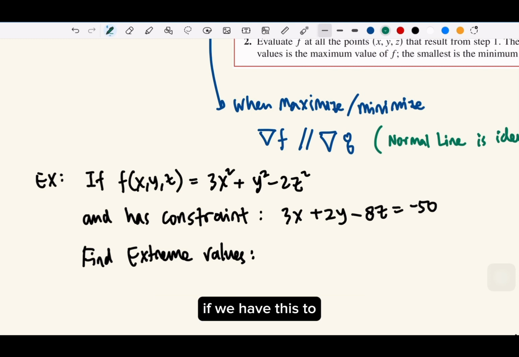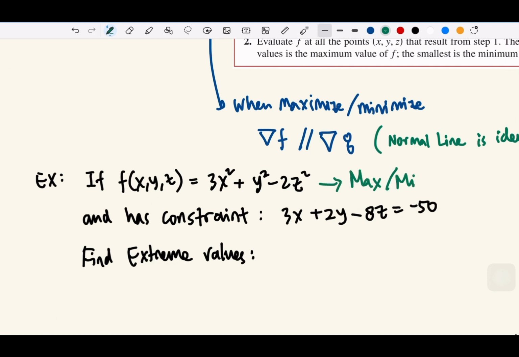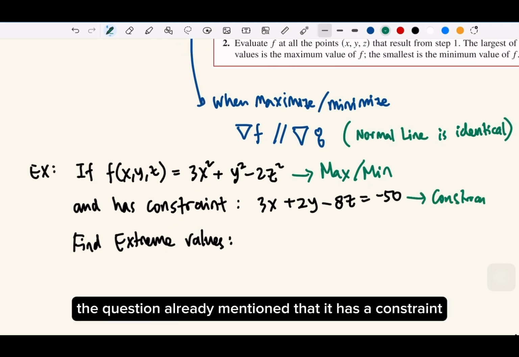If we have these two, it means that f is our function to be minimized or maximized, right? So this will be something that we need to maximize or minimize. And the other one is our constraint, and the question already mentioned that it has a constraint.